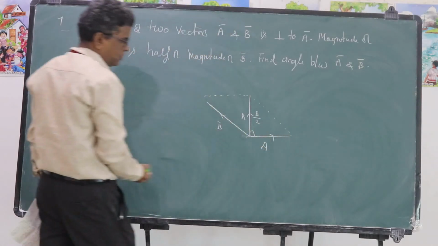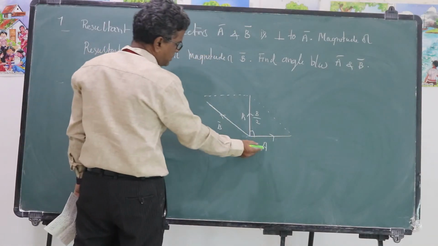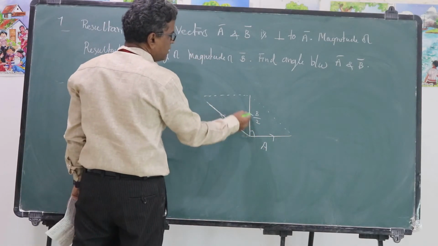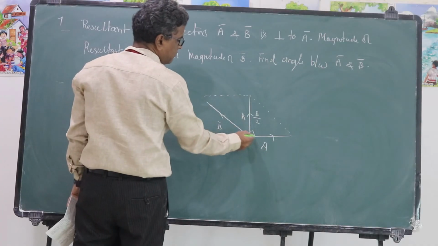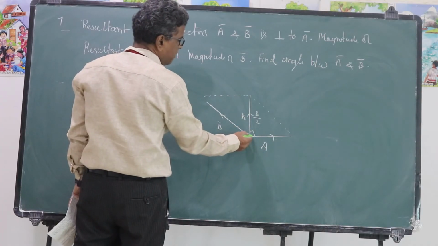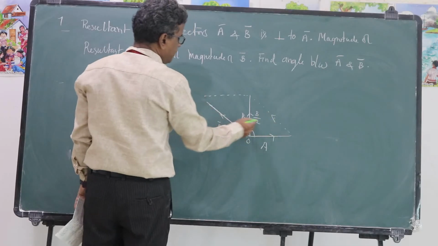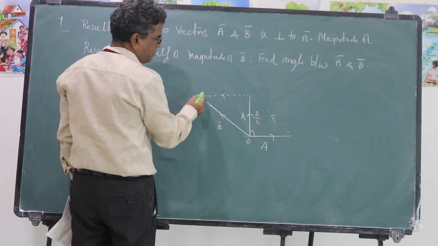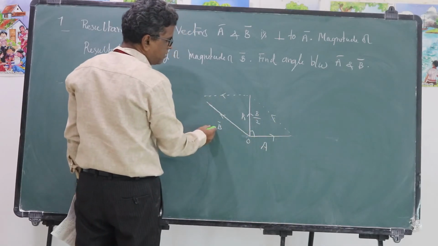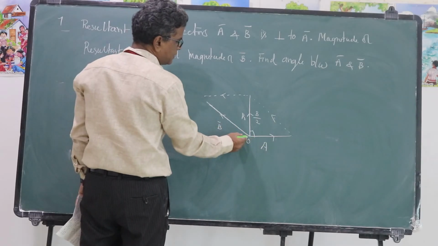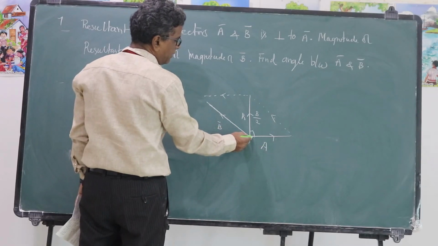From the parallelogram law of vectors, the resultant should be drawn from the same point. I constructed a parallelogram using A bar and B bar as adjacent sides drawn from a point.